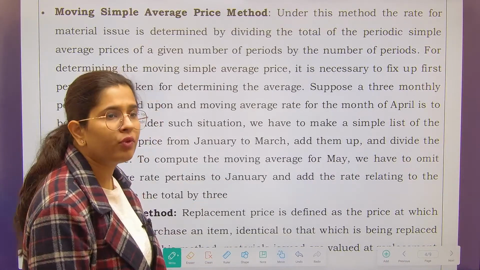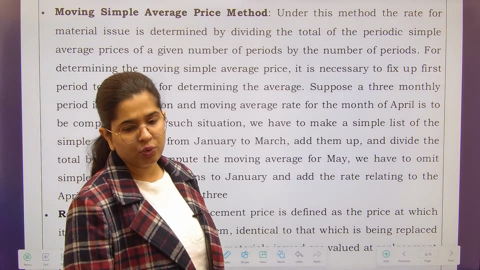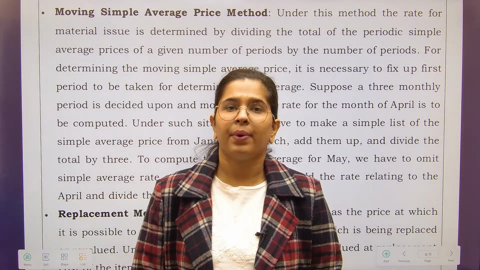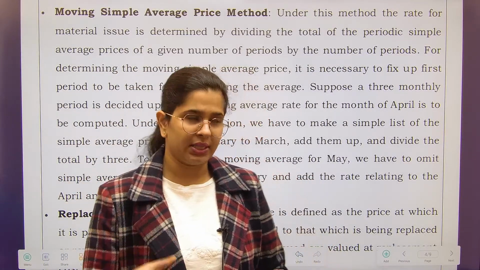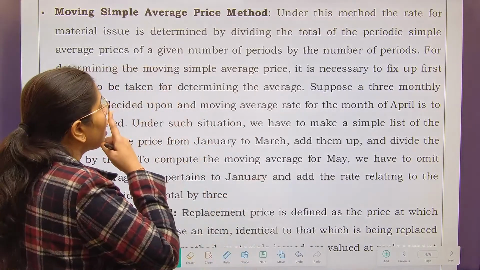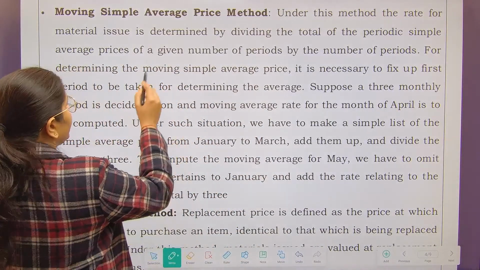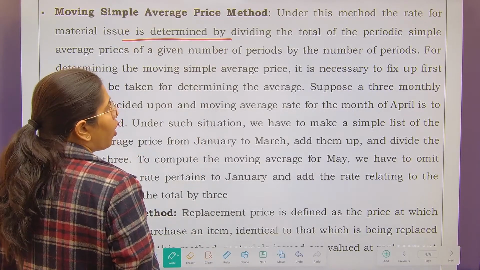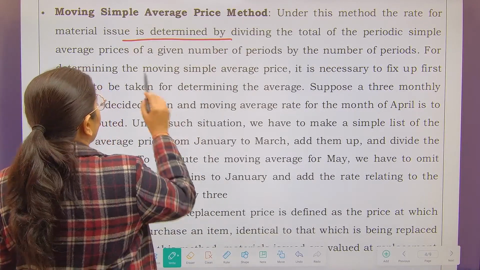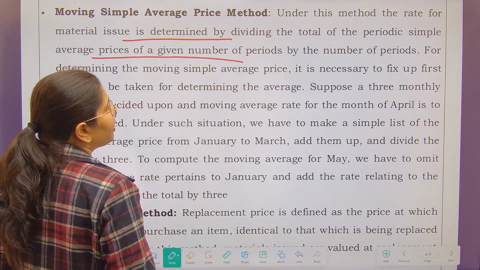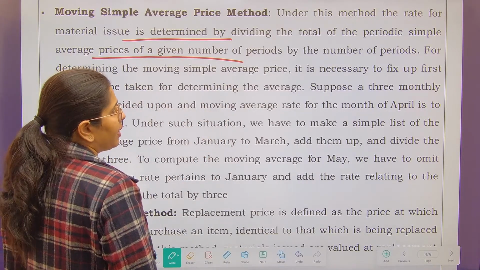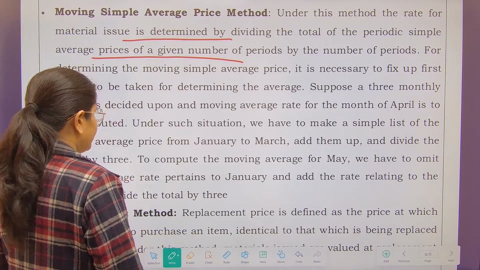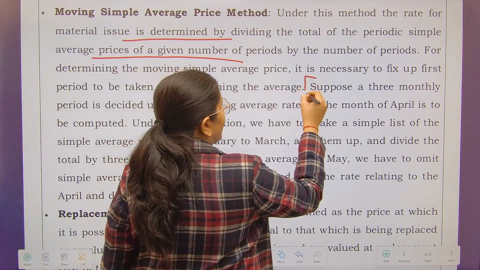What you do in the moving simple average price method is you include the prices of the coming months. Let's see over here. Under this method, the rate for material issue is determined by dividing the total of the periodic simple average prices of a given number of periods by the number of periods. Let's take an example. You'll understand this.